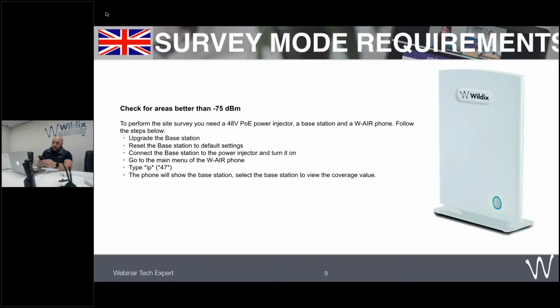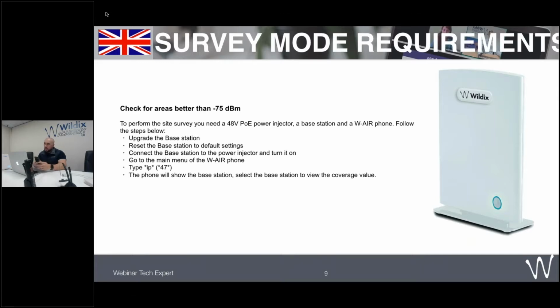And then I can see on here what my dBm is to that base station. I've selected the one upstairs, and I can see that I'm at -50 dBm to the base station. So I'm going to get a good quality call. And if I was roaming from here to upstairs, it'd be absolutely fine.